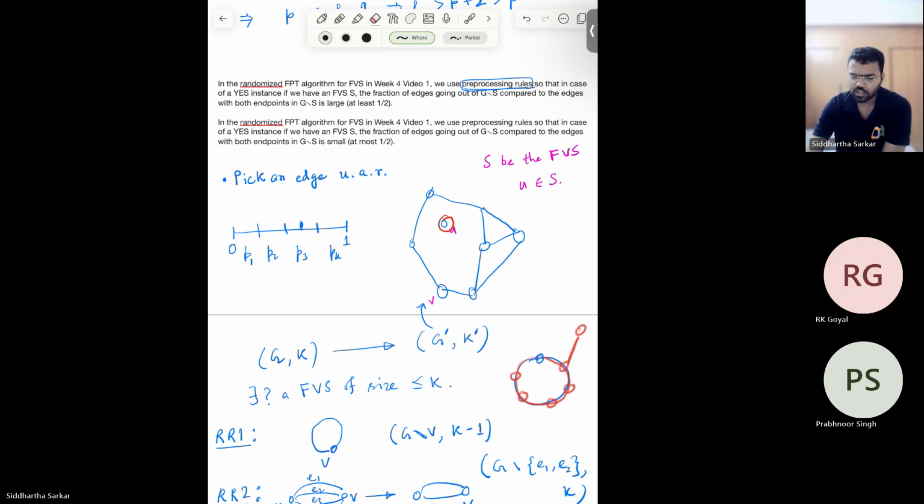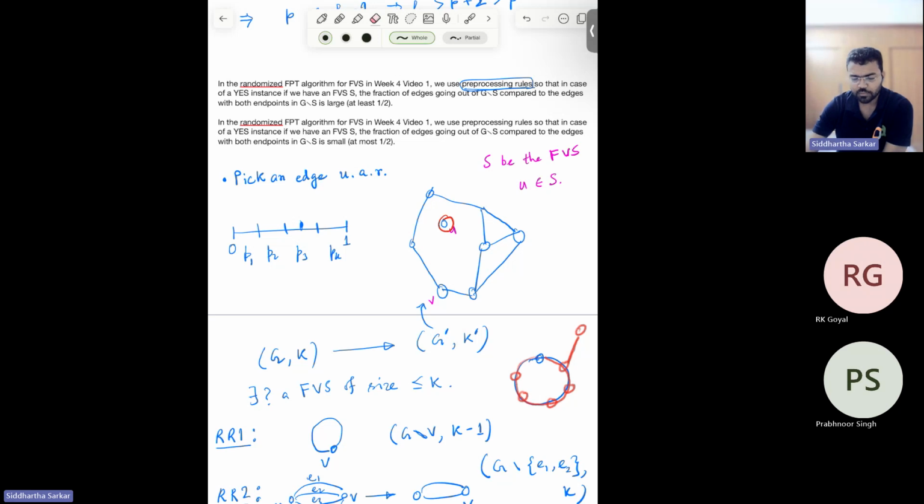Yeah. So I'm saying that first step was to identify an edge UV, and the next step was to pick one of the endpoints into your feedback vertex set.